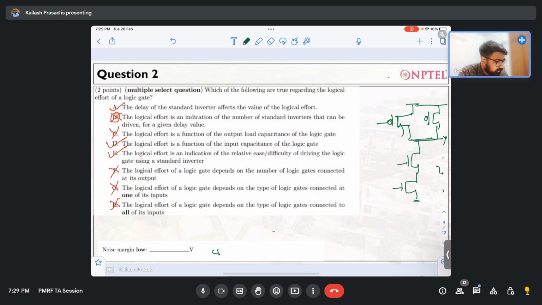Okay, so please tell me what will be the sizes over here, and then tell me what will be the logical effort. What will be the sizes of NMOS and PMOS?